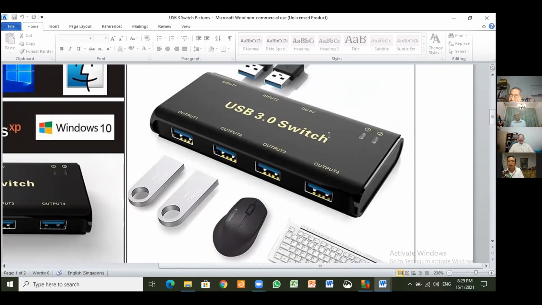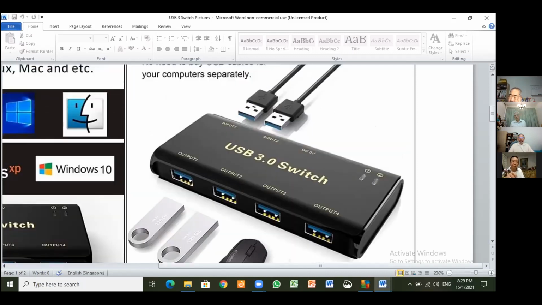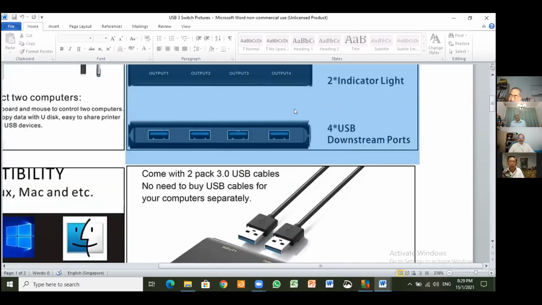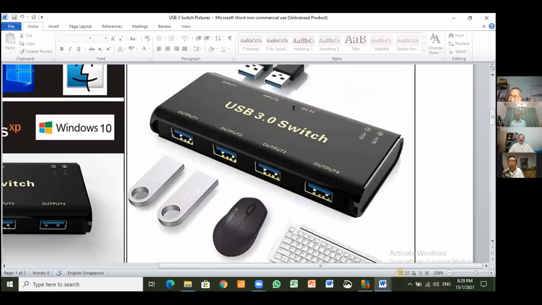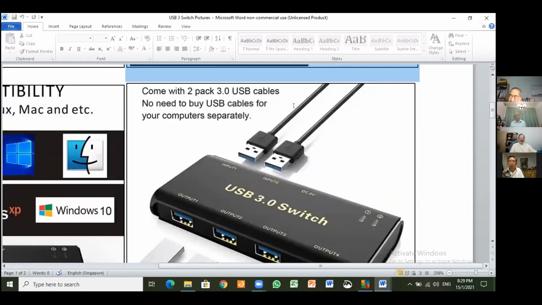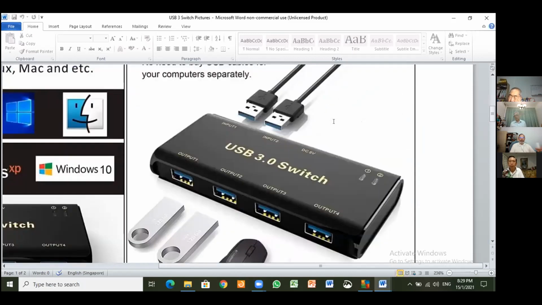So when you press the switch, you go from one to two, and then you know which PC has the device. It's like a KVM for two PCs, but now it's maybe two notebooks. So this is the purpose of a switch.